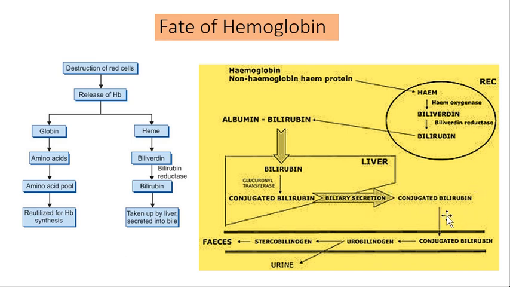Then conjugated bilirubin goes to the gut by biliary secretion, via enterohepatic circulation, poured into the GIT. That conjugated bilirubin is converted into urobilinogen, and that is excreted in urine. And by bacteria, urobilinogen is converted into stercobilinogen, which is excreted in feces, right? That's how the fate of hemoglobin occurs.